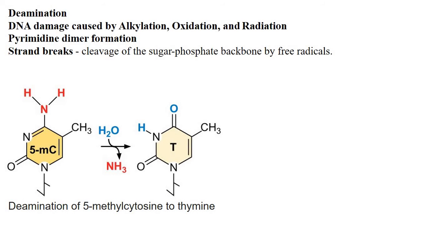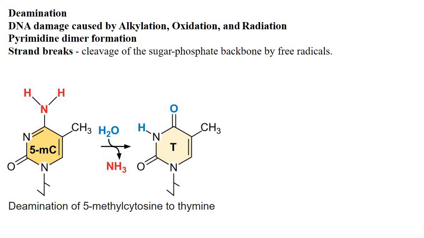So far we talked about multiple different ways DNA can be damaged. Deamination is one of the ways DNA can be damaged, or DNA can be changed. For example, here, deamination of 5-methylcytosine converts it into thymine. We talked about DNA damage caused by alkylation, oxidation, and radiation. So all of these different ways can affect the DNA molecule as well.